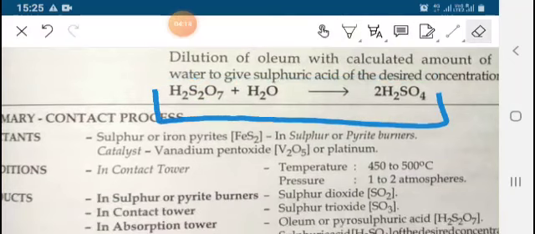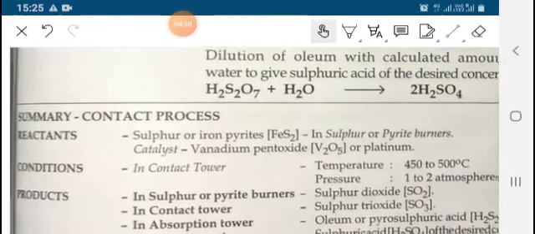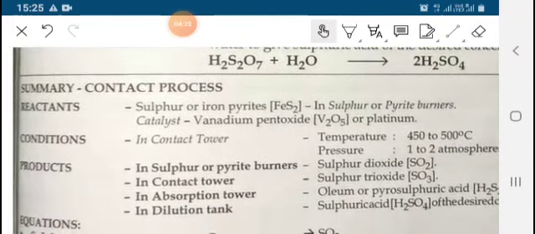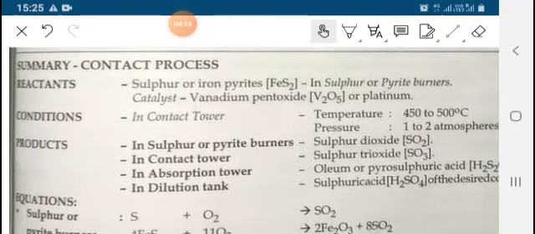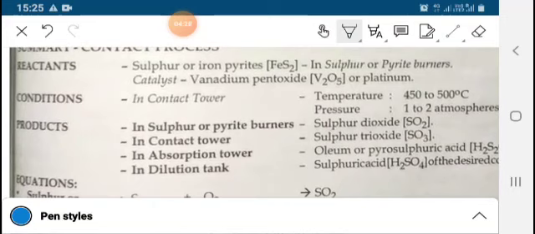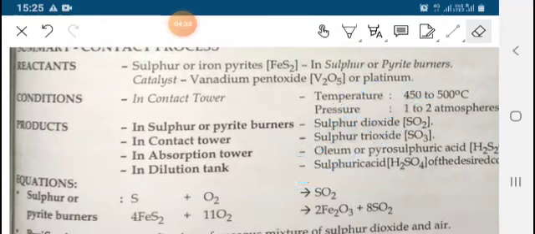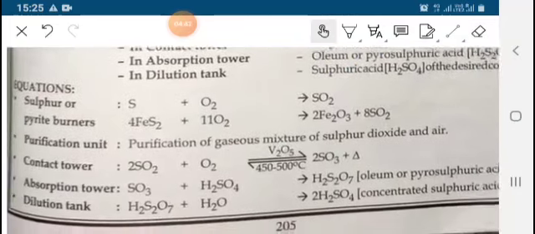This is the method of preparation of sulfuric acid by contact process. You can see the products summarized here: SO2, SO3, oleum and then sulfuric acid. So all the 4 steps are important.